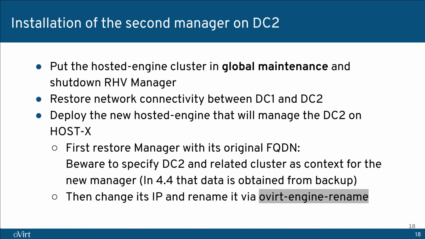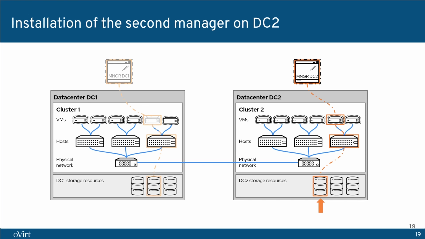Since we'll deploy the second manager by restoring the backup taken earlier, and the backup contains all the hosts from both data centers, and since each hypervisor has to be managed by one and only one manager, otherwise bad things will happen, we'll put the hosted engine cluster in Data Center 1 in global maintenance and shut down the manager. In this exact moment, none of the hypervisors is monitored by any manager.